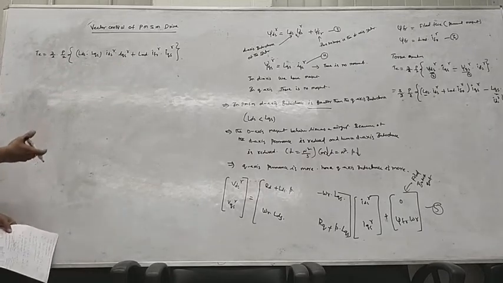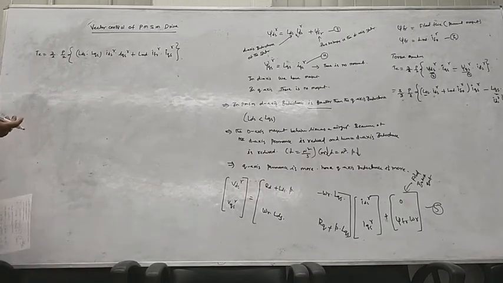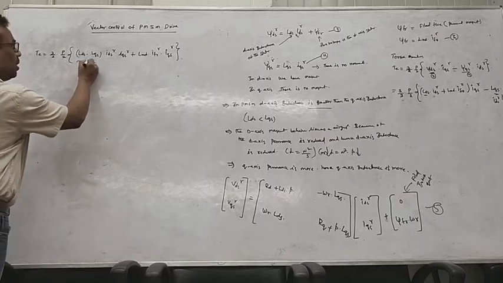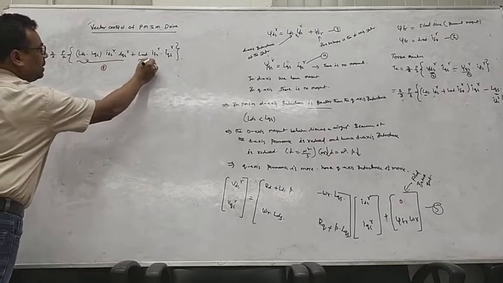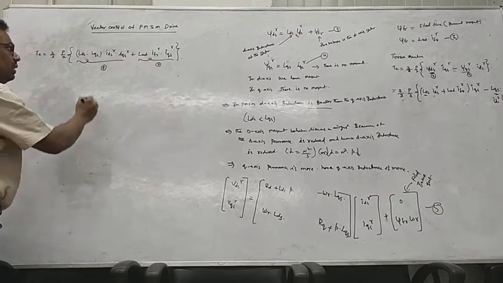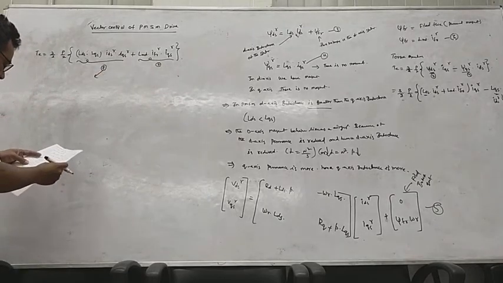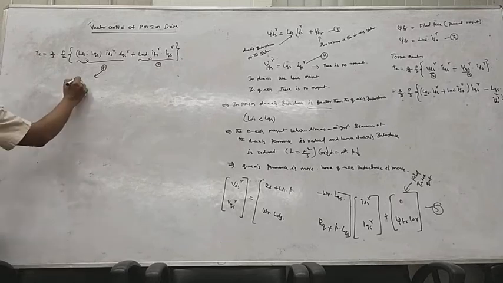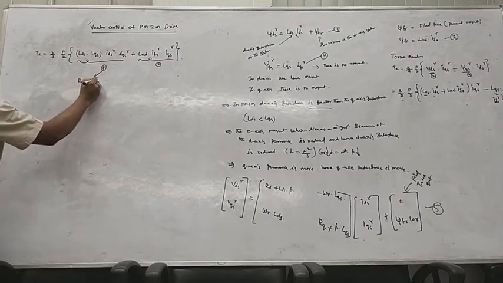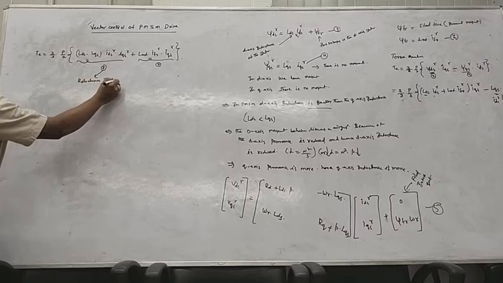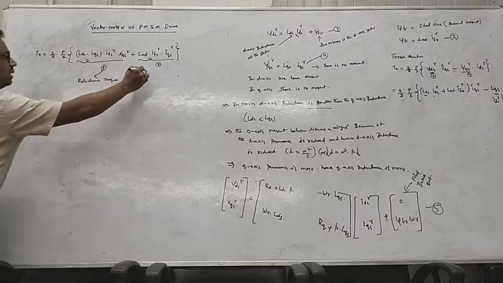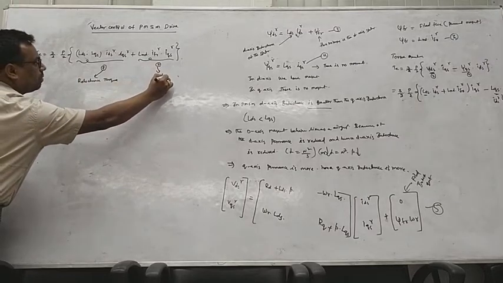There are two components of torque here. This is the first component of torque, and this is the second component of torque. The first component is the reluctance component of torque, so I will call it reluctance torque. And the second one is field torque.